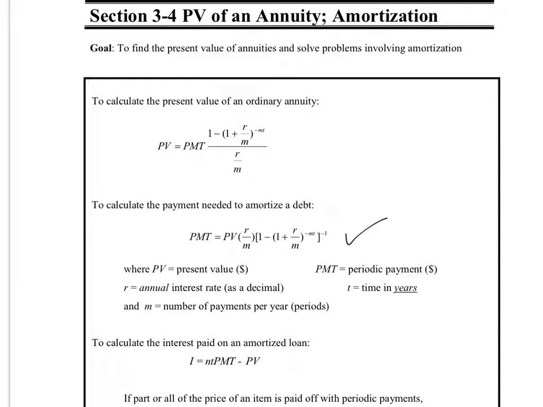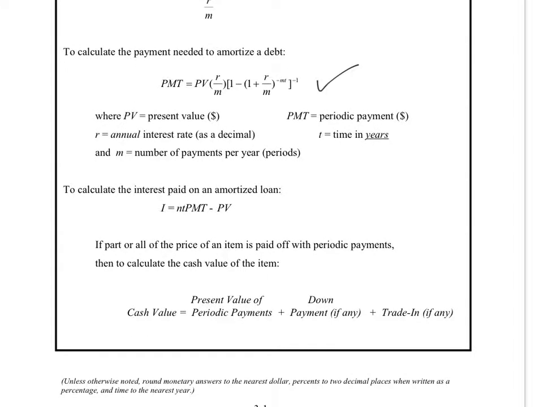All of these terms that are involved are identified for you, but most of them should look very familiar. And so if you want to find the cash value of an item, because maybe part or all of the price of an item is paid off with periodic payments, this will explain how you can do that.